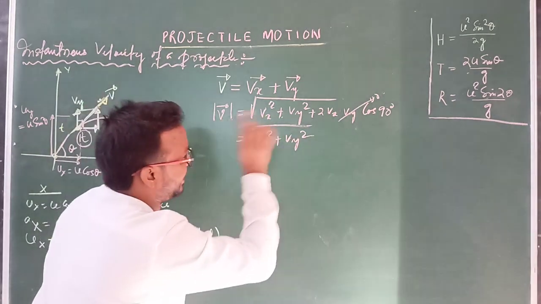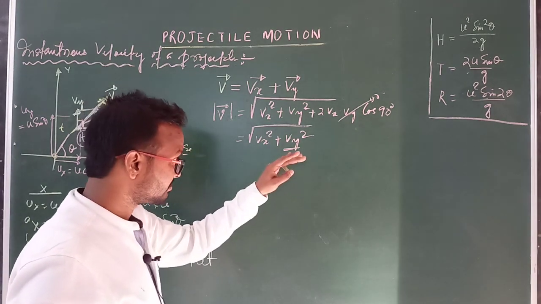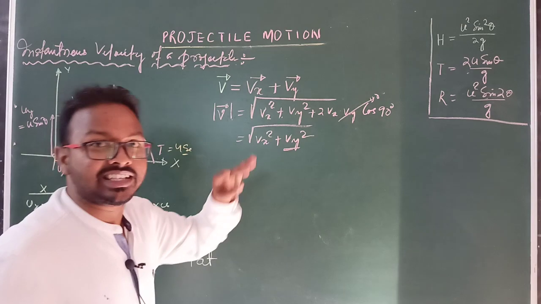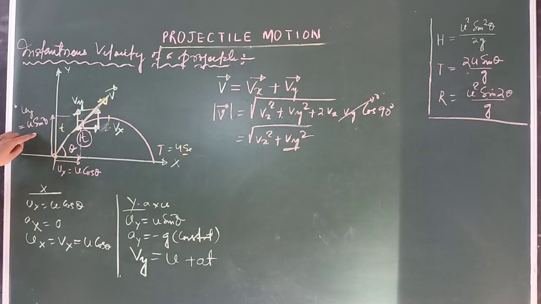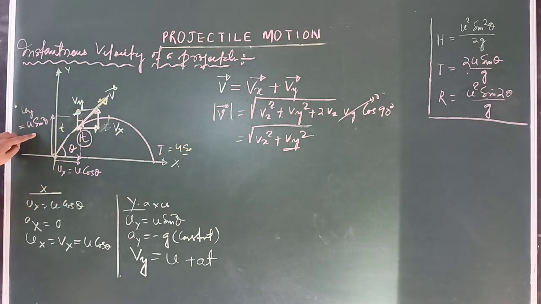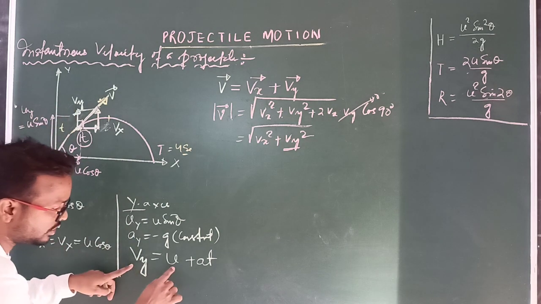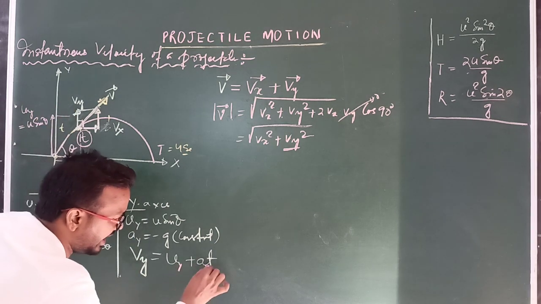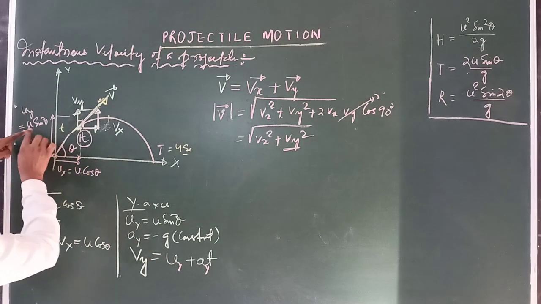So in this case, first we have to find what is vy, the velocity along the y-axis after time t, because this is the initial velocity. Velocity decreases along the y-axis because acceleration is in the downward direction. So vy equals uy plus ay t. Here uy means initial velocity u sin theta.